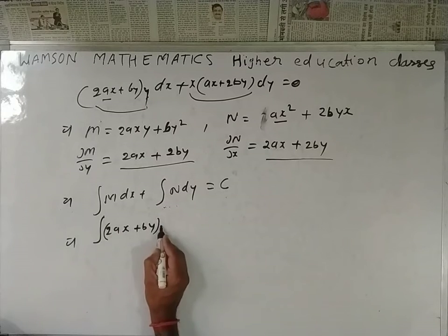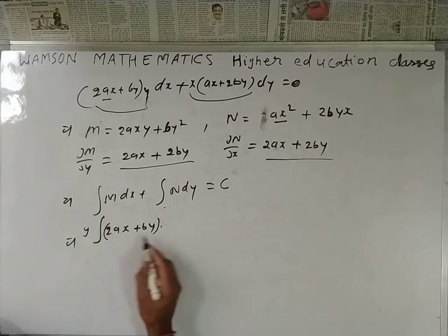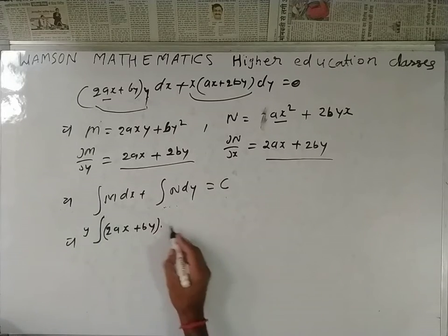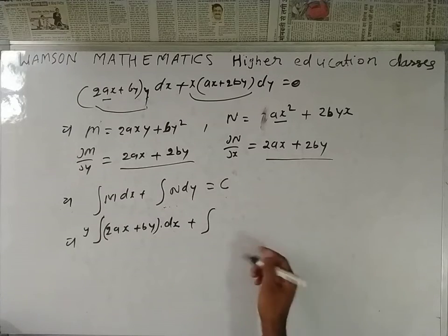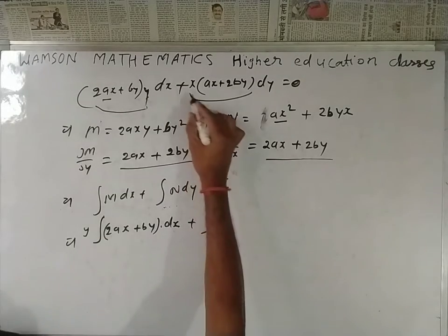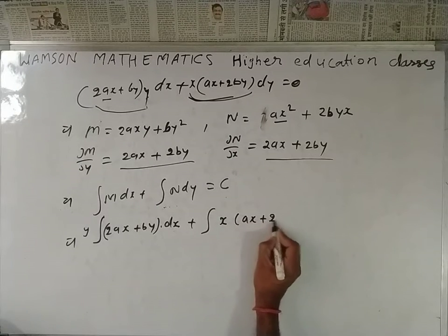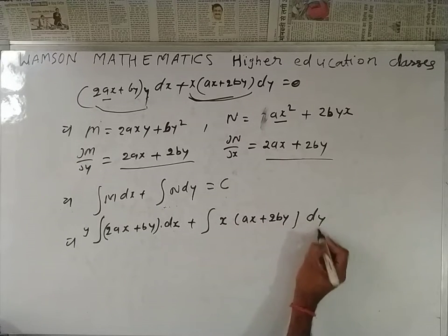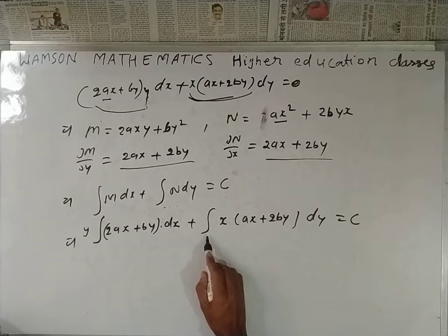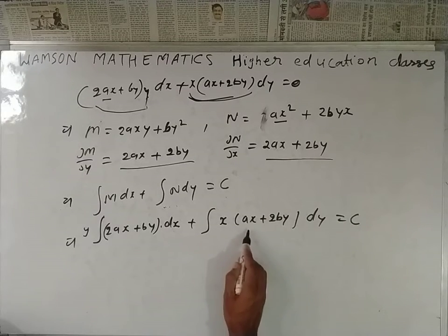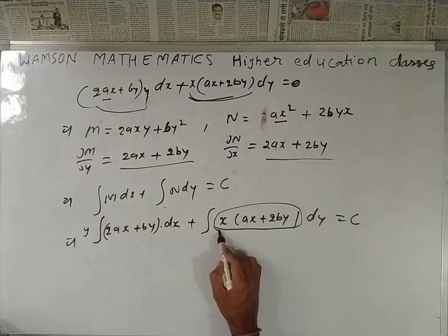Here y is multiplied, so y is treated as constant, take it outside the integral sign, here dx plus this, so in the whole equation ax plus 2by dy is equal to constant. Here the condition is that the term not containing x, this whole term is neglected.